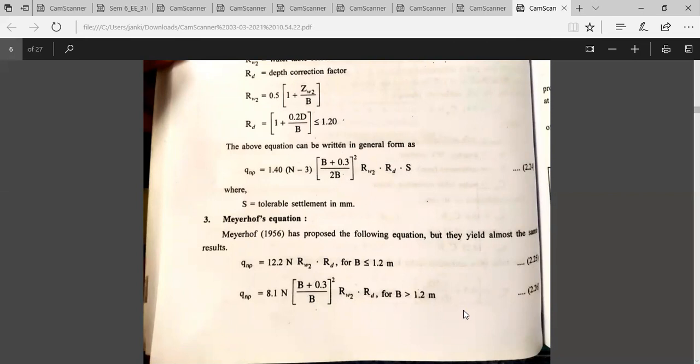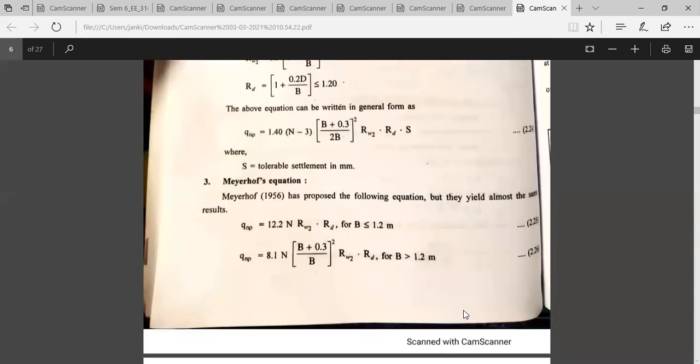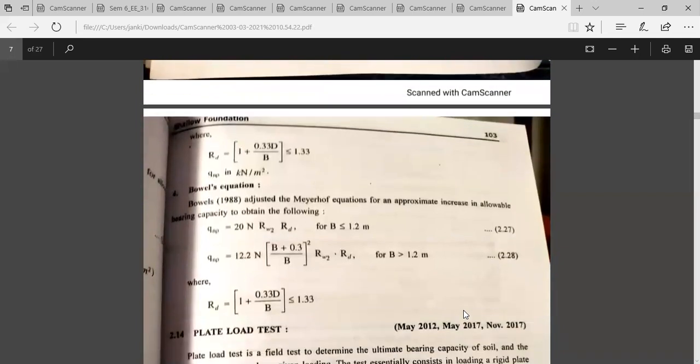For width less than 1.2 meter, the equation is 12.2 N Rw2 Rd, and for width greater than 1.2 meter, the equation is 8.1 N ((B + 0.3) / B)^2 Rw2 Rd, right? And for the last one, Rd is equal to 1 + 0.33 D / B, which is less than or equal to 1.33. This is the check, right?